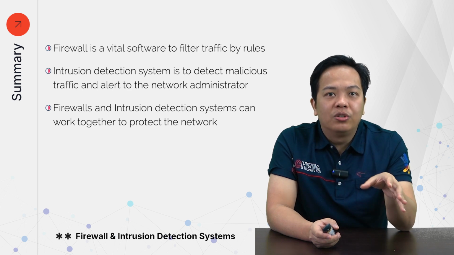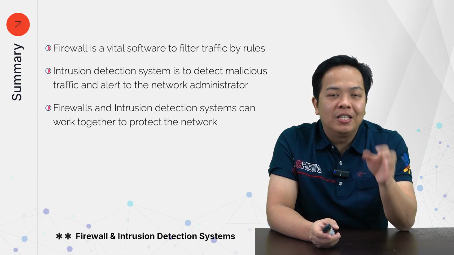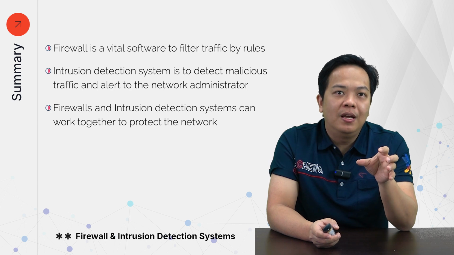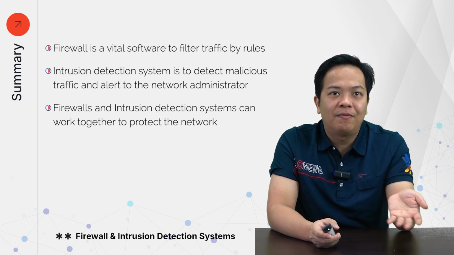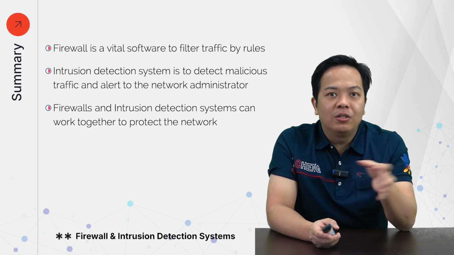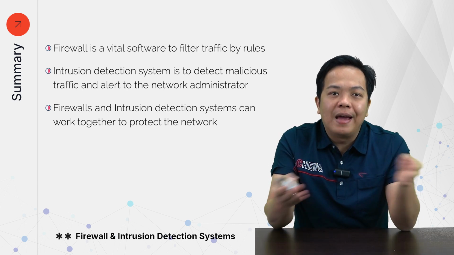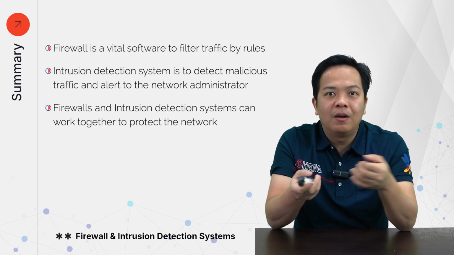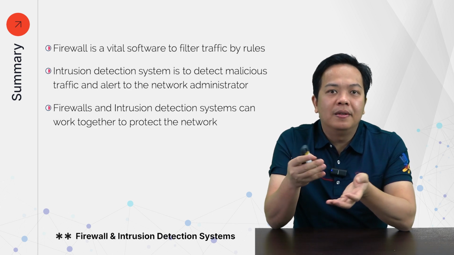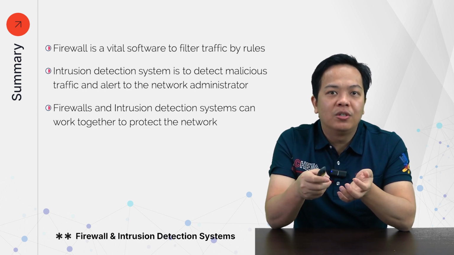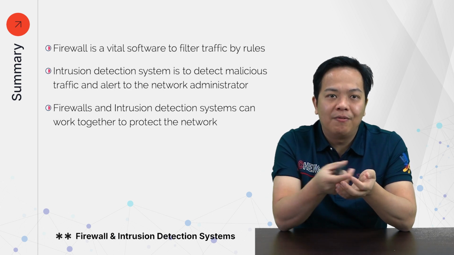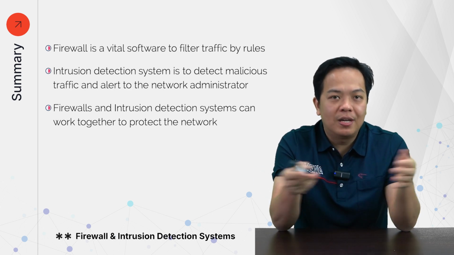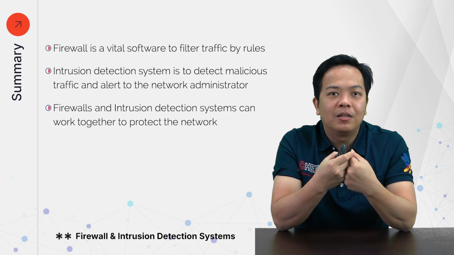So the intrusion detection system is more flexible, because you can apply AI there. The firewall is maybe less flexible, and firewall and intrusion detection can work together to protect the network. After successful detection by the intrusion detection system, they can notify the firewall to block traffic. So that is how they can cooperate in practice.